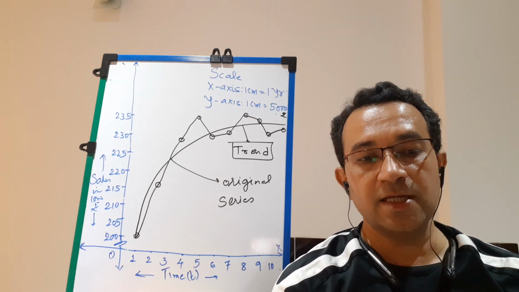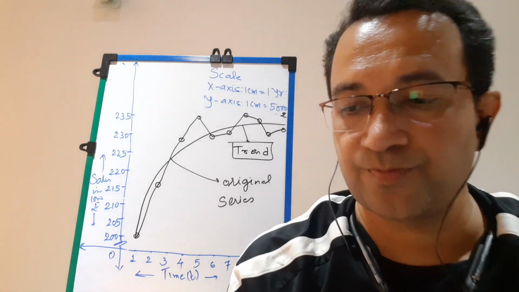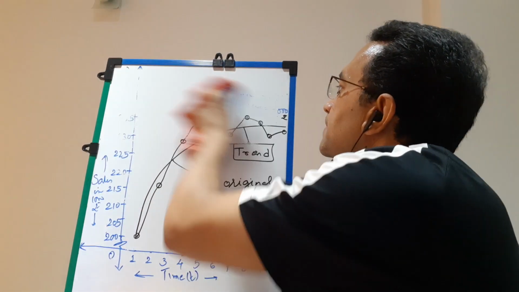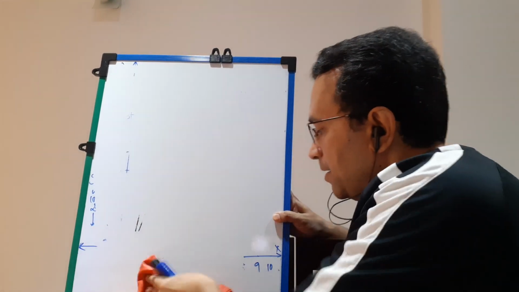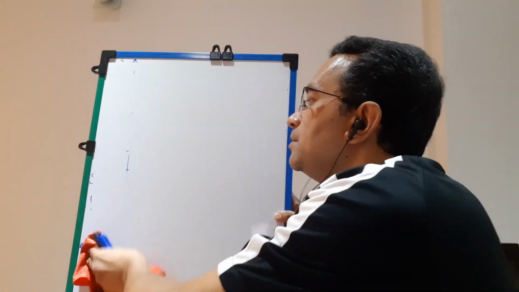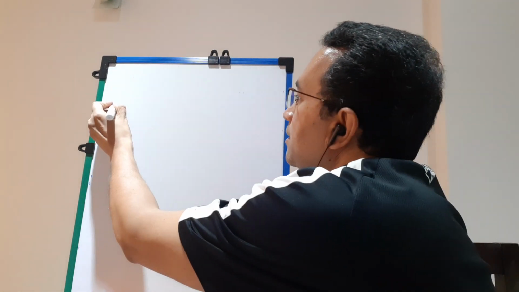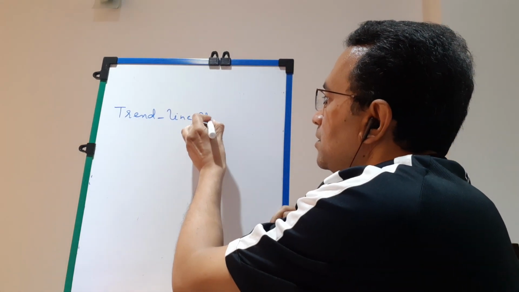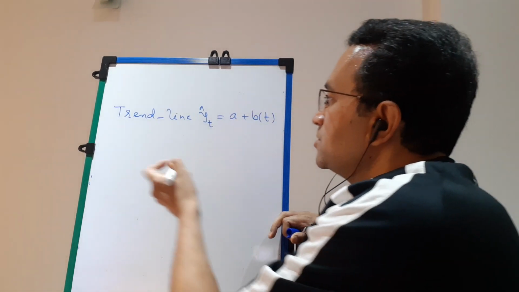The formula for b, let me explain to you, it is the same formula which we had in regression. So students, you need not worry. Say the trend line is yt cap is equal to a plus bt.